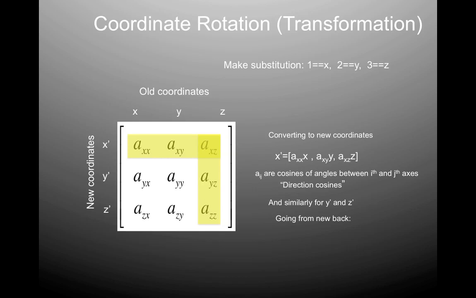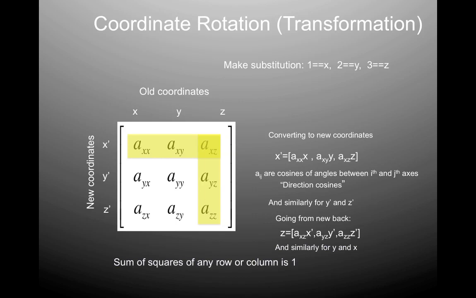So the z-axis is equal to the highlighted components of the x-prime, y-prime, and z-prime new axes. So there it is: z is equal to a_xz times x-prime, a_yz times y-prime, and a_zz times z-prime. And similarly for the other axes.